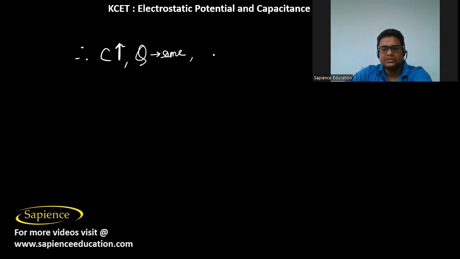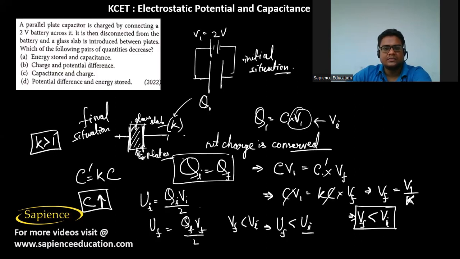It is not changing, and the potential difference will decrease, and the energy stored in the capacitor will also decrease. So these two quantities will decrease. So it means option D is the correct answer.